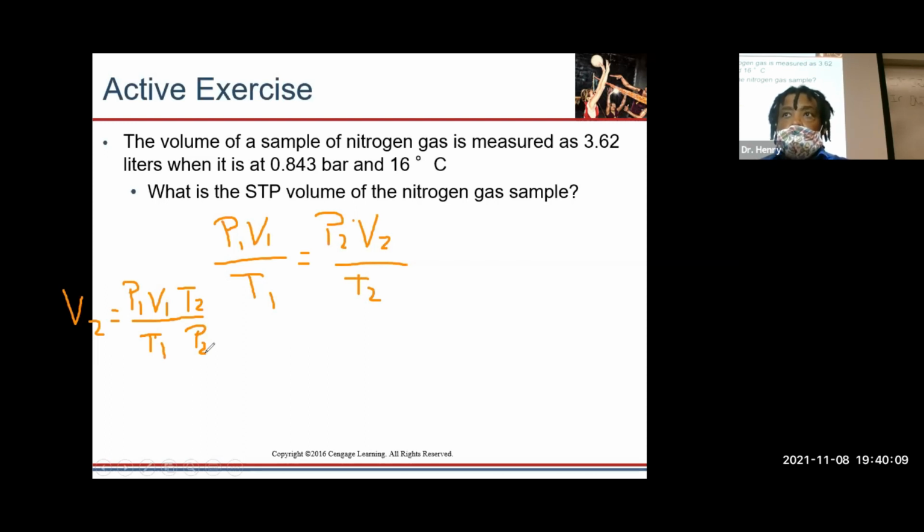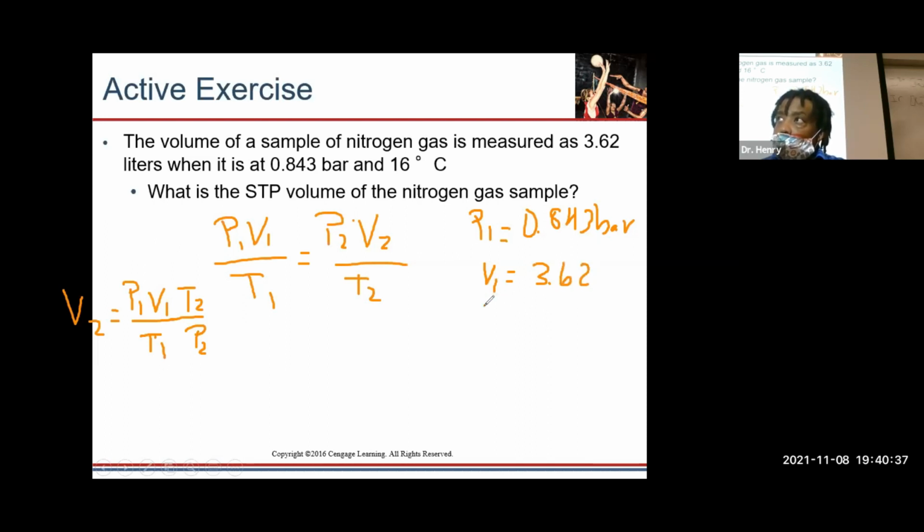Okay, so P1 equals 0.843 bars. V1 equals 3.62.